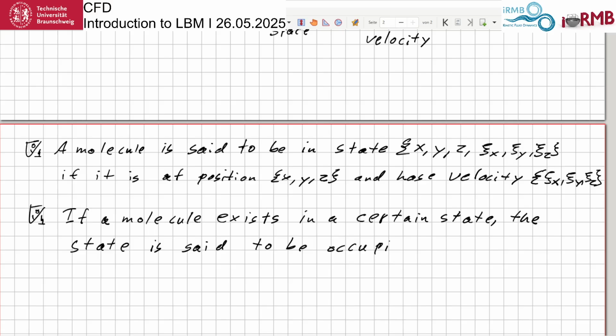There are different statistics concerning whether a state can be occupied by one or by many particles. Usually the velocity state itself could be occupied by many particles, but the position of usual particles can only be occupied by one particle. So that would mean that this is an exclusive statistic. If one state is occupied, there cannot be another particle in the same state.